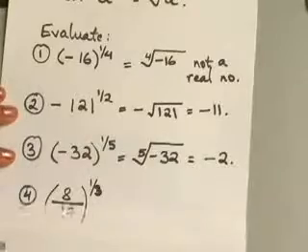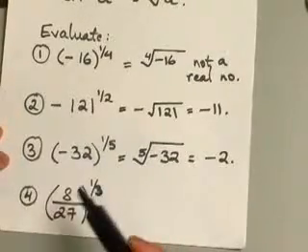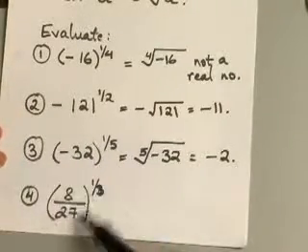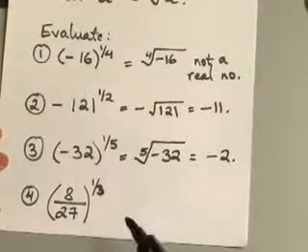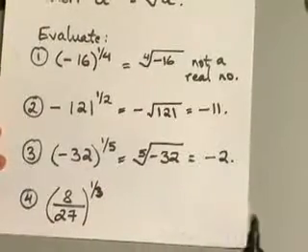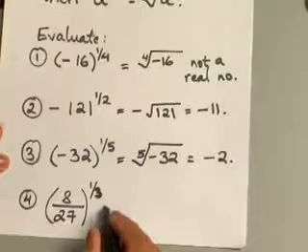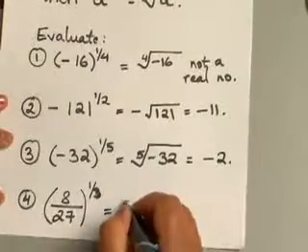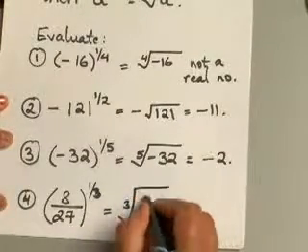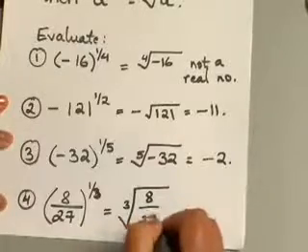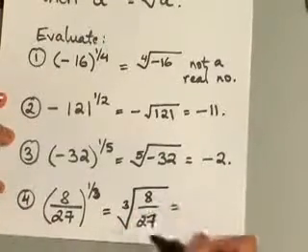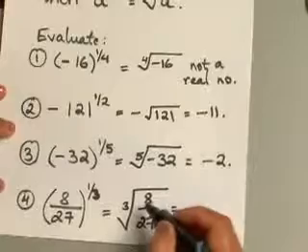All right, one last example. 8 over 27 and the whole quantity to the 1 over 3 power, or 1/3 as your exponent. So if I write this in a radical form, that will be the cube root of 8 over 27. And then go ahead and evaluate that further.